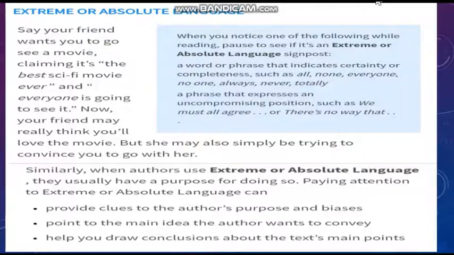Look for completeness words, such as all, none, everyone, no one, always, never, totally. Or a phrase that expresses an uncompromising position, such as we must all agree or there is no way that. So when you see these kinds of words or phrases, you have to pause and see whether the signpost is about extreme or absolute language.